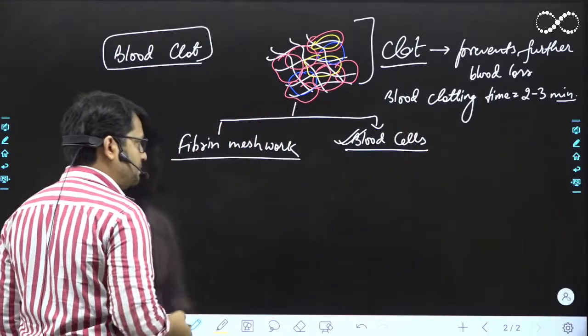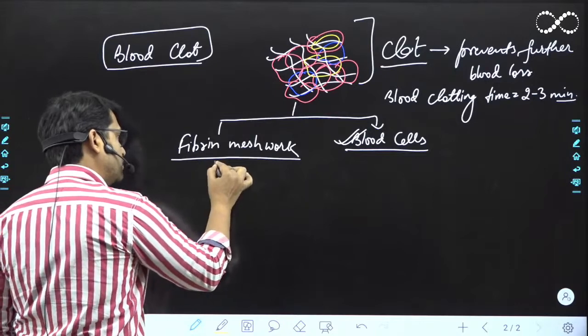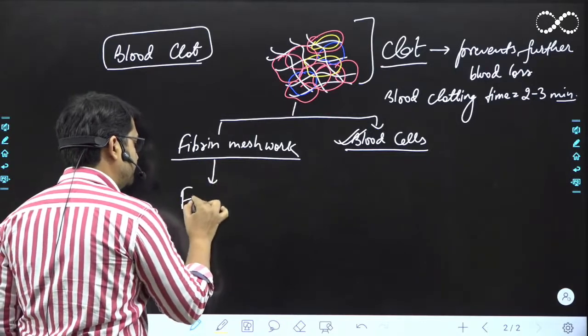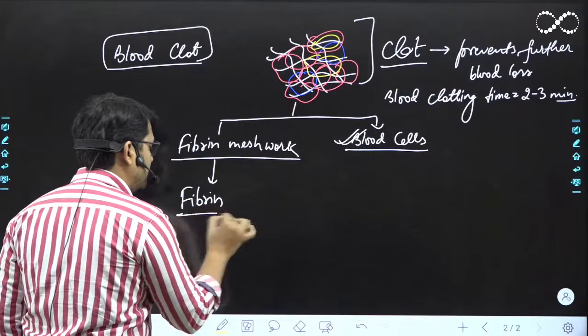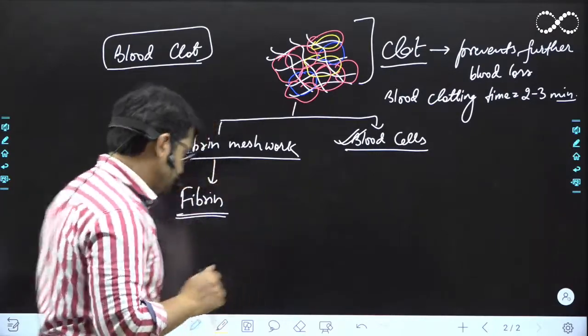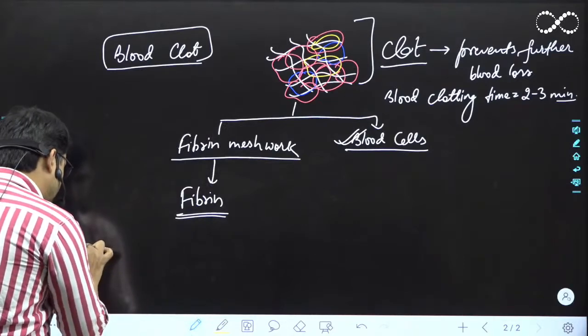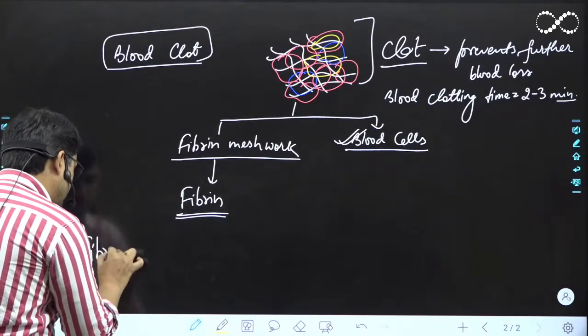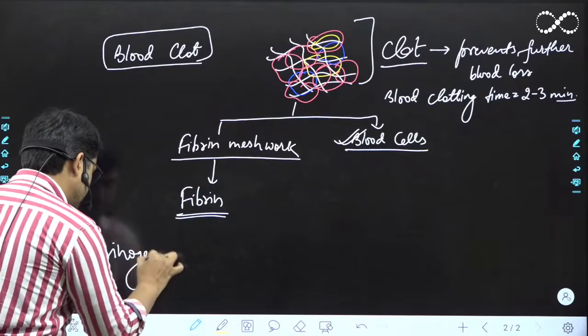How this fibrine meshwork is formed? This fibrine meshwork is formed of fibrine. It is formed because of the fibrine. अब ये fibrine blood में कहाँ से आता है? It is a question. See, there is a protein in your blood called fibrinogen, right?